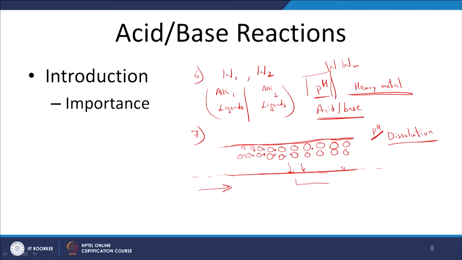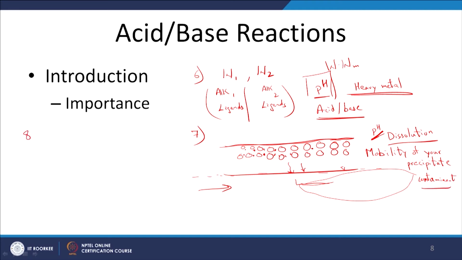If this is the groundwater flow direction, you are going to have a contaminated plume. So, what is the important aspect here? pH or acid base reactions would determine the mobility of your precipitates, or contaminant. I guess a better word in this context would be contaminant. So, that is one particular case.